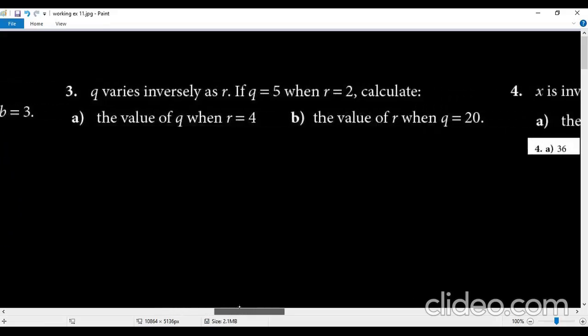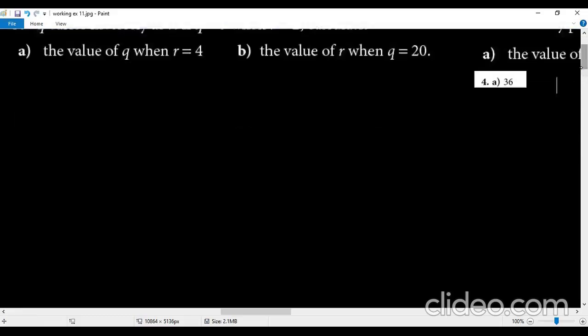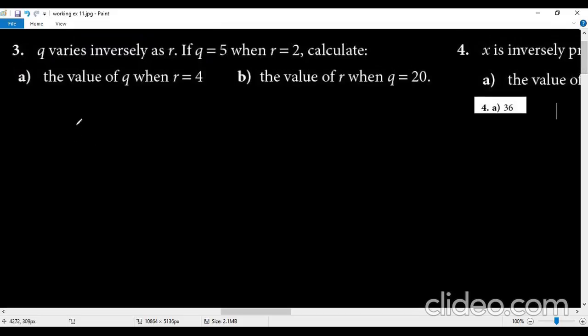When it comes to question number 3, it says q varies inversely as r. That means q equals k over r, and the value of q is 5, k is unknown and r is 2, that means the value of k is 10.